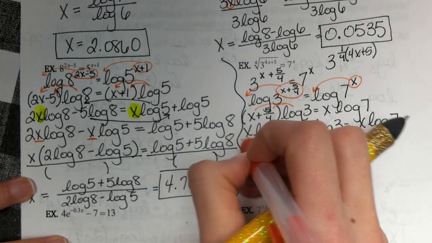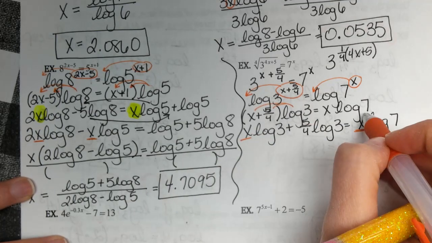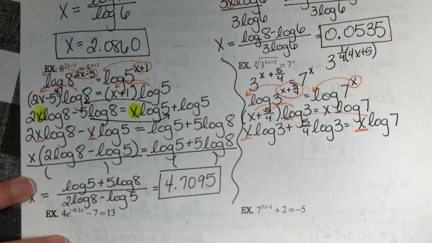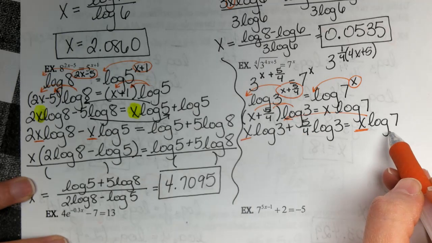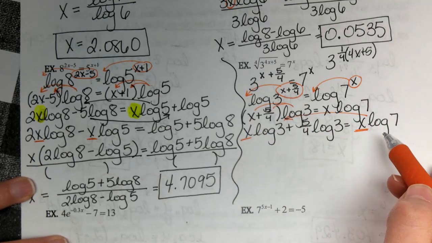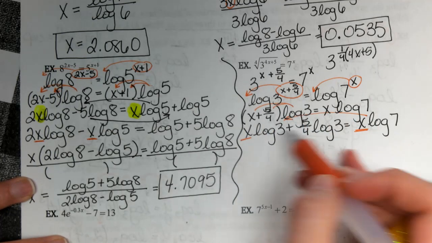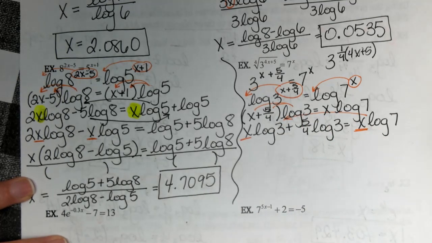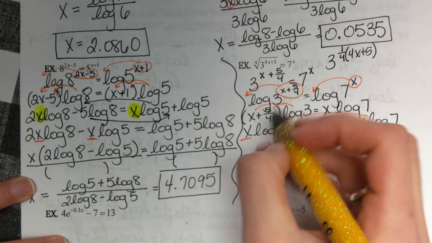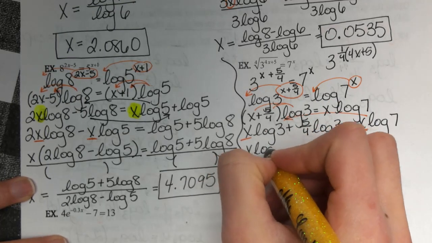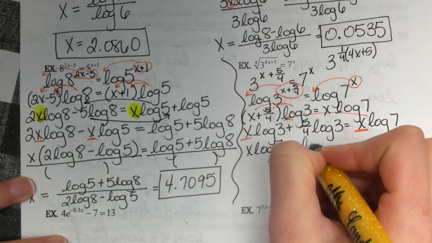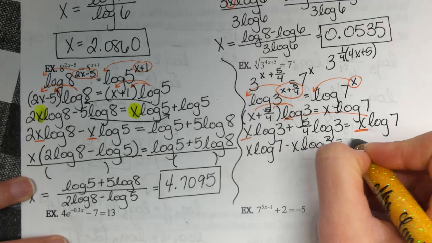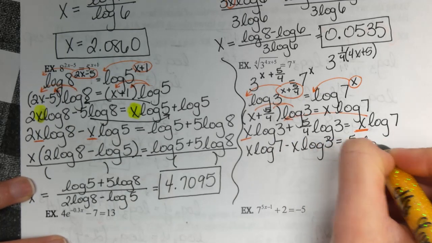The moment you have x's on both sides, you're going to move it over. Now you can move this one over to the right. Personally, I would do that, because there's no sense in moving one and moving the other, right? So I'm going to have x log 7 minus x log 3 equals 5/4 log 3.